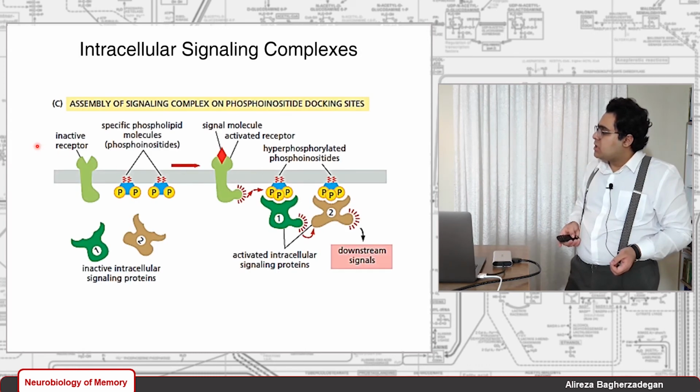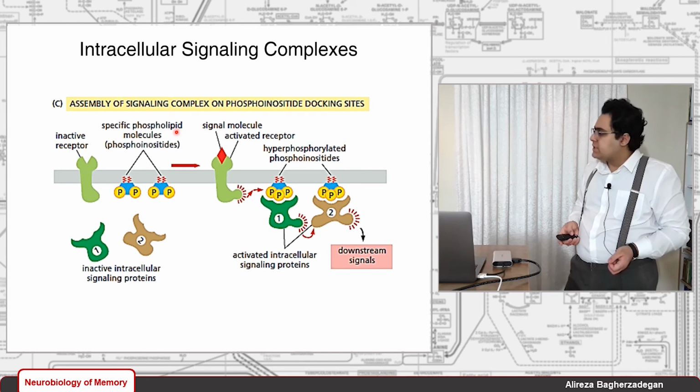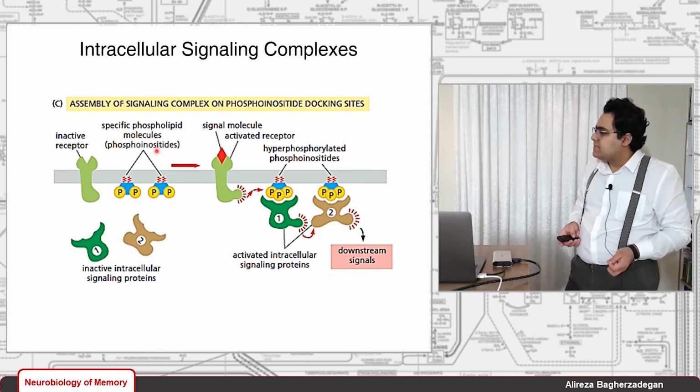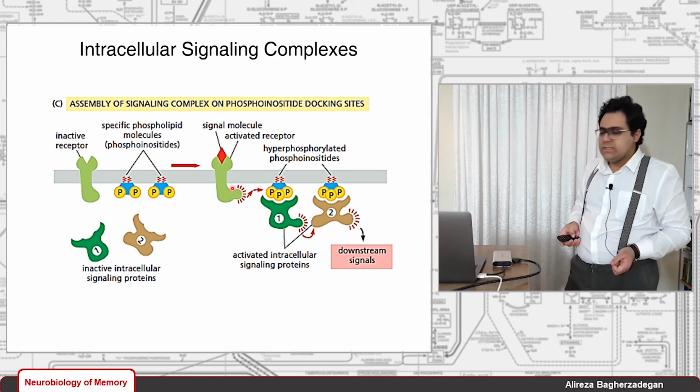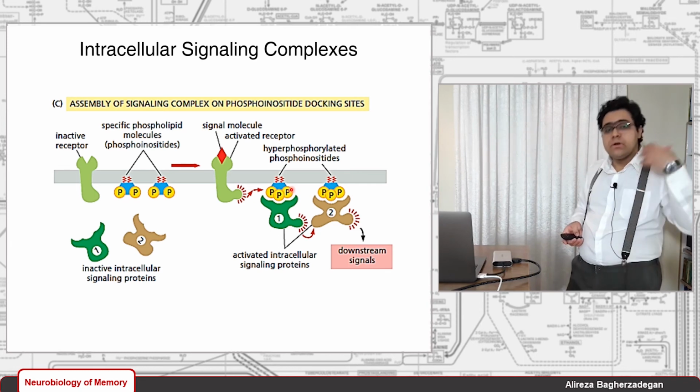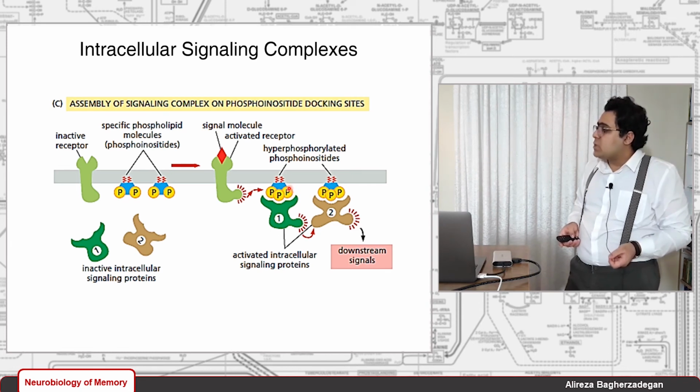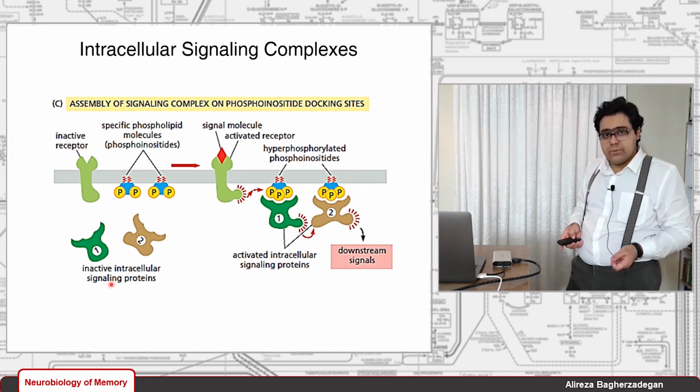The last one is, again, an inactive receptor. Here we have a specific phospholipid called phosphoinositides. When a receptor is activated, it phosphorylates these phosphoinositides, and they get hyperphosphorylated, overphosphorylated. When they get overphosphorylated, they act as a docking site for some of those intracellular signaling proteins.